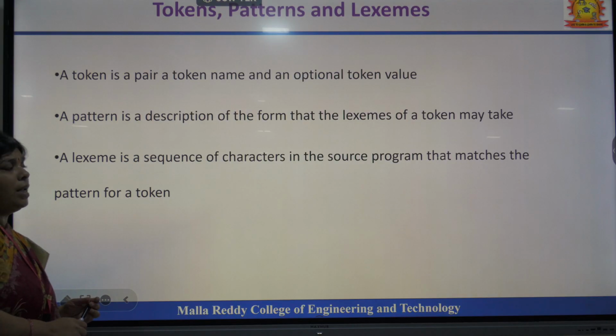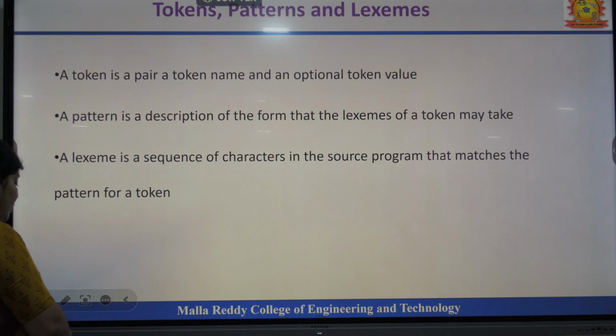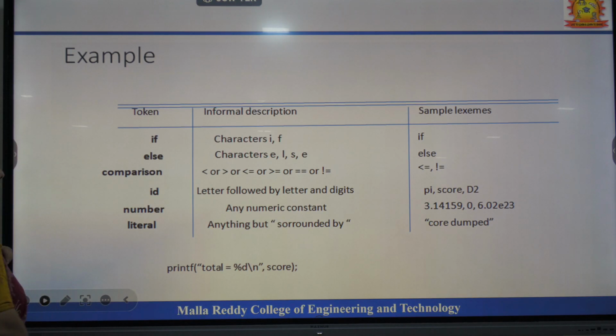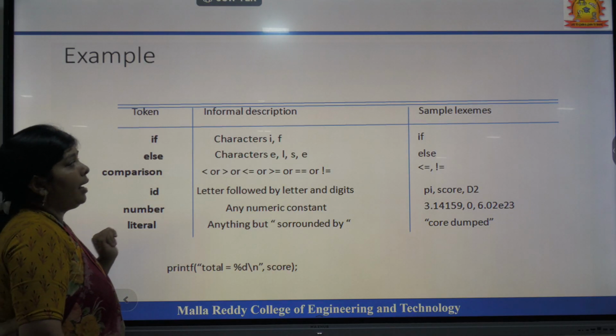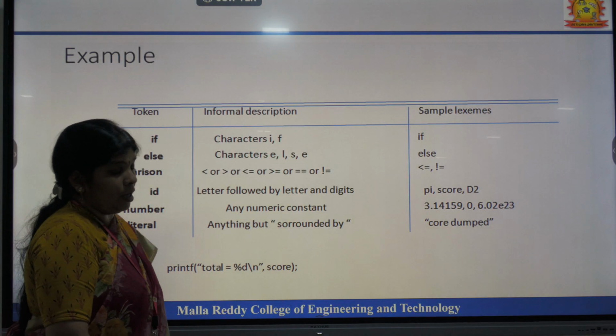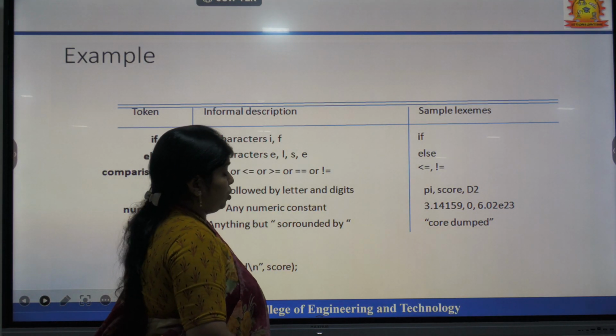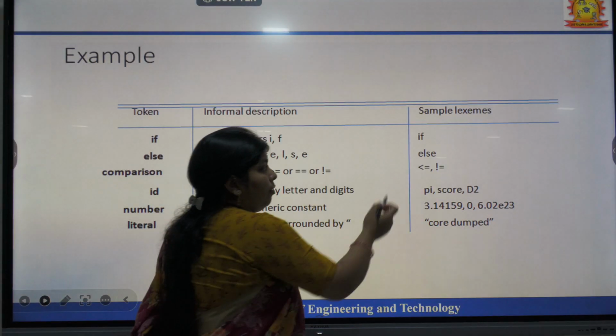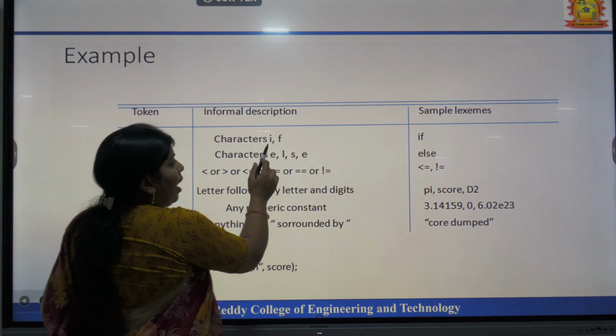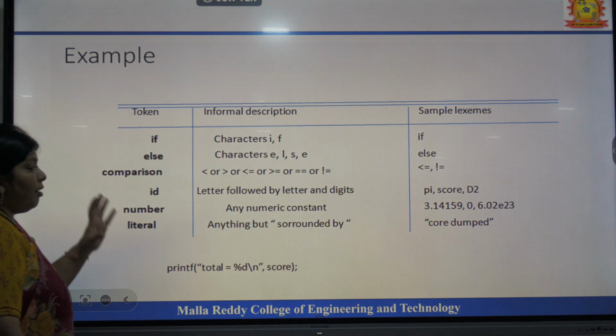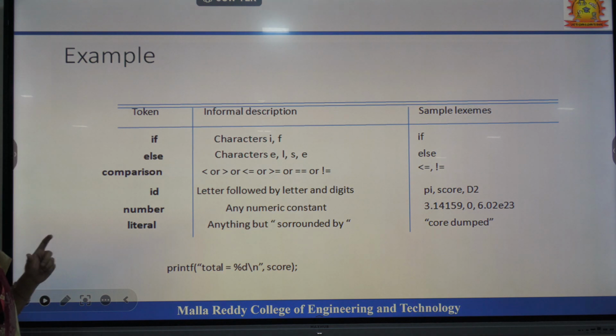A lexeme is a sequence of characters, that means meaningful characters. Suppose we take if in a source program instruction. I and f are the characters, and if we combine i and f, that will be given to the pattern, so that it will identify if as a keyword.